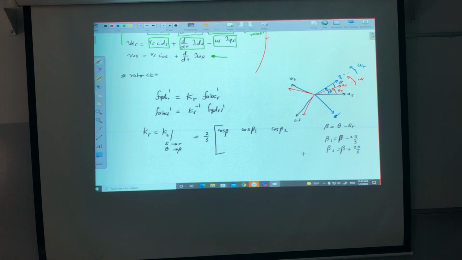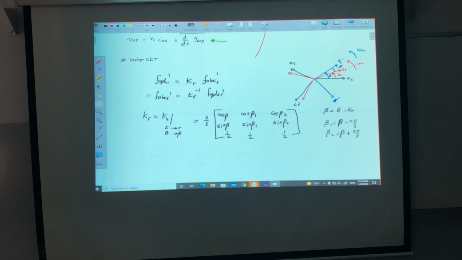Then sine beta, sine beta 1, sine beta 2, and in the end I have 1 over 2, 1 over 2, and 1 over 2. Yep.